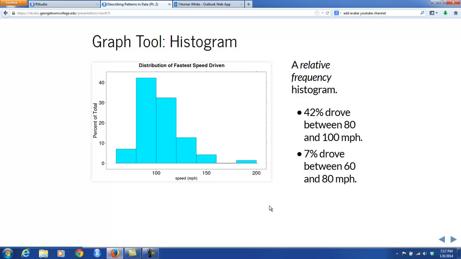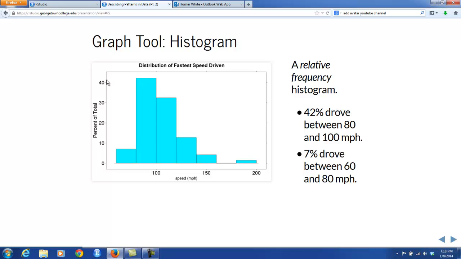You can also make relative frequency histograms, and then on the vertical axis what you get is the percentage of the total number of people that are within each bin category. So 30 people drove between 80 and 100 miles per hour. 30 divided by the 71 total people in the study turns out to be a little over 40%, about 42%.